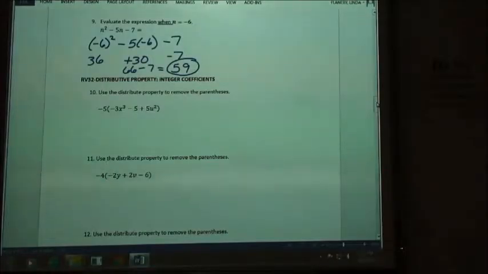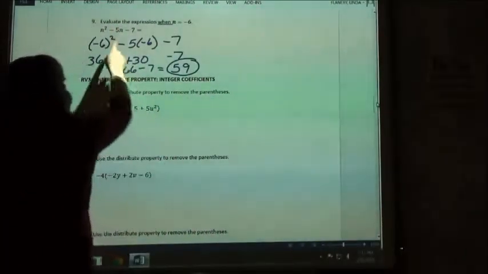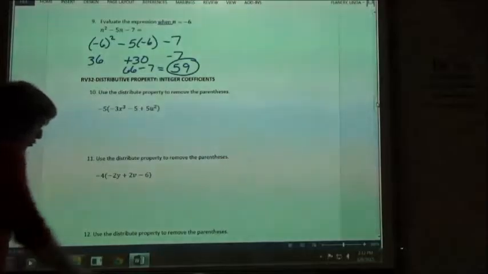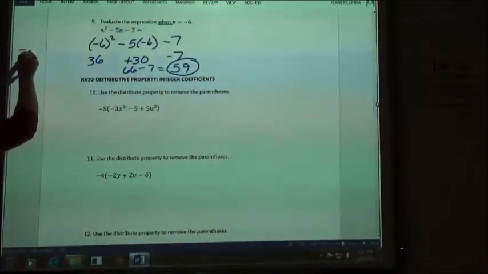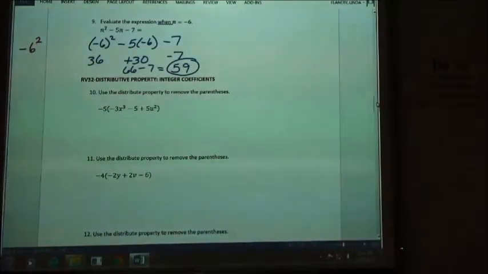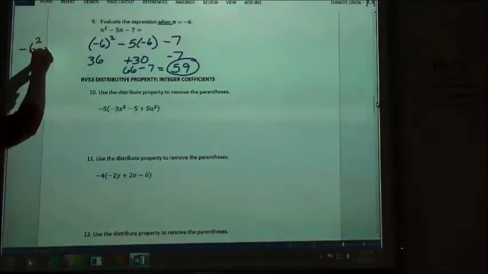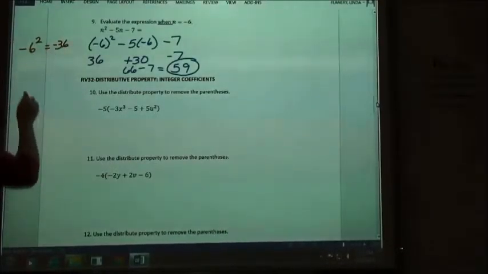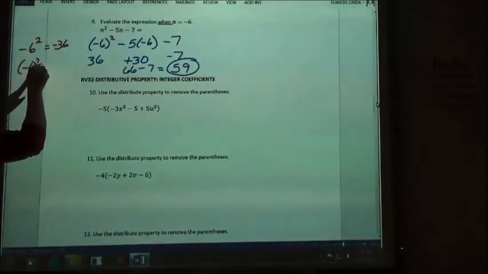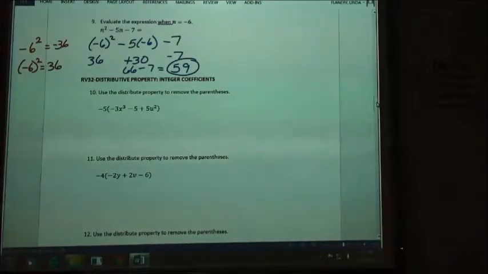If you are going to use your calculator on this first step, make sure that you don't type in -6 squared, because -6 squared is -36. You've got to type it in with the parentheses around it in order to get the right sign on your answer.